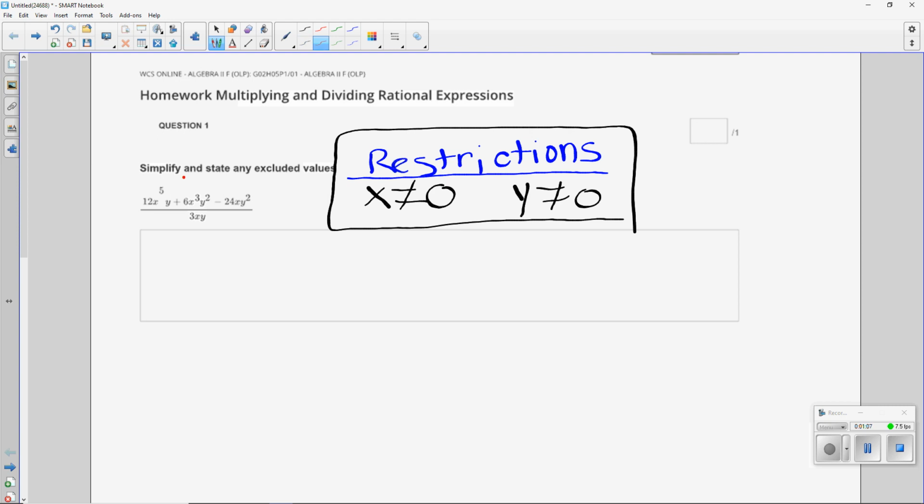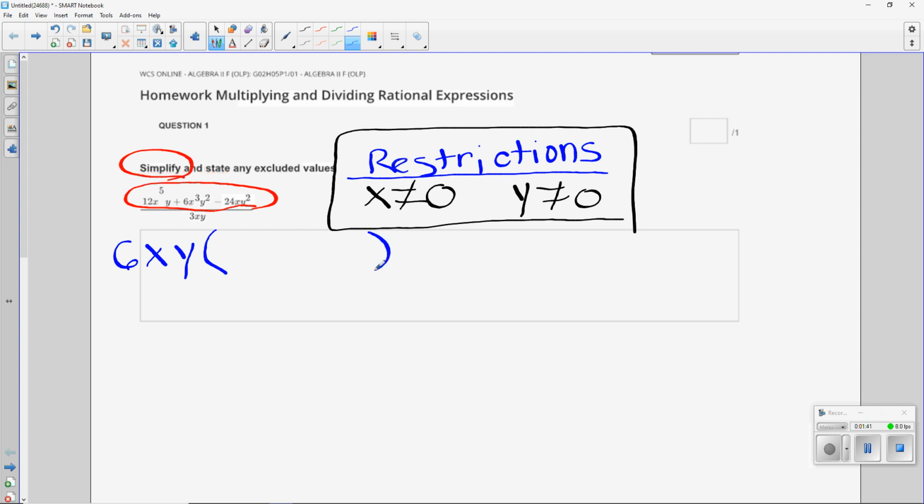Now we're going to do the simplify part of the problem, which ultimately is worth more points on most of these problems. So we want to factor the top. The bottom can't be factored. So the top, I notice there is a greatest common factor. I believe it is 6. 6 goes into 12, 6 and negative 24. They all have at least one x in common, and they all have at least one y in common.